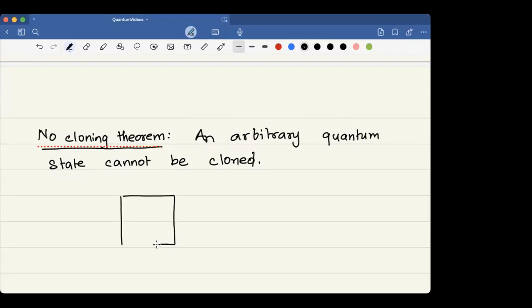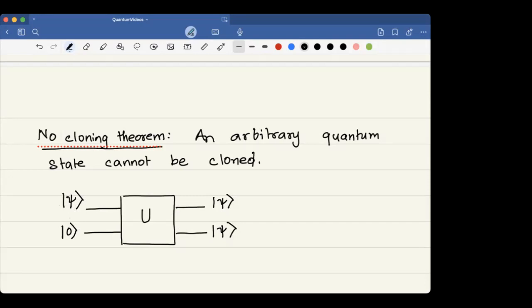So let's say we have a circuit with a unitary and we have an unknown quantum state ket psi, and a reference state, let me just take it to be 0, but this could be any reference state. A cloning circuit would effectively make a copy of this unknown state, so it will be a unitary that outputs a copy of this state psi.